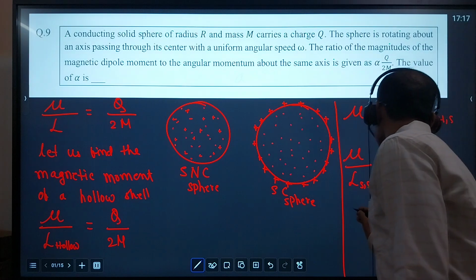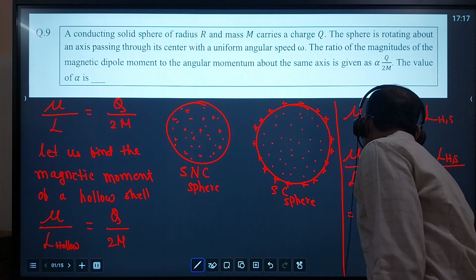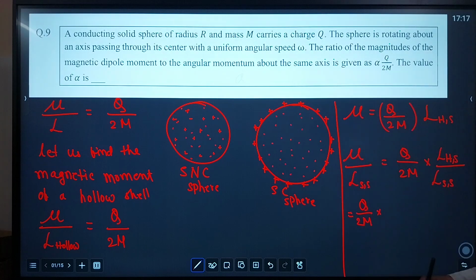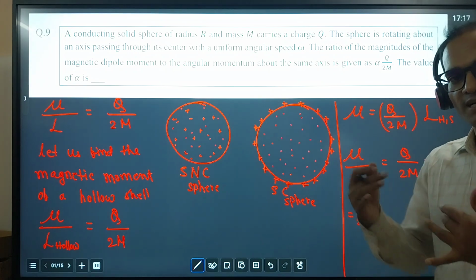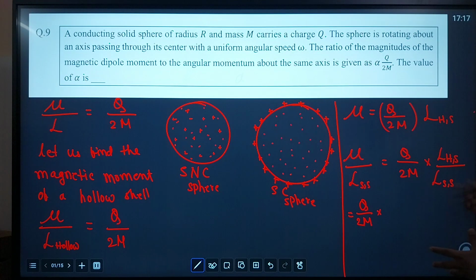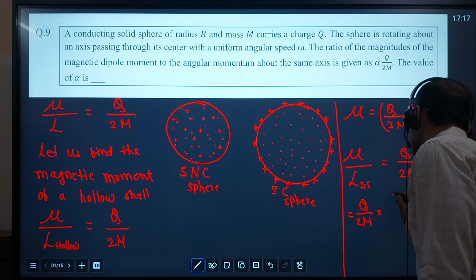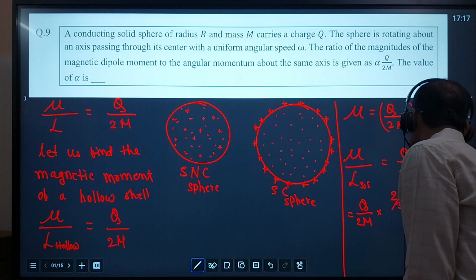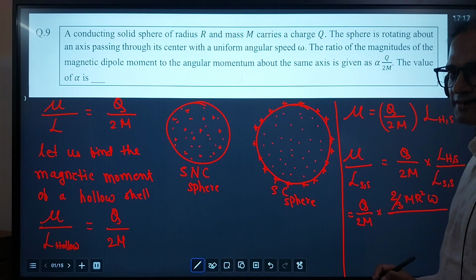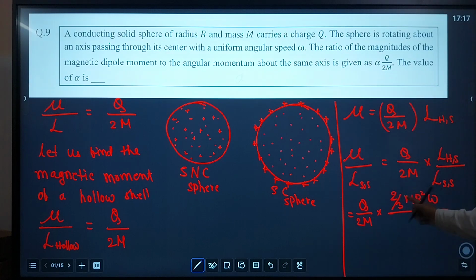So what will happen now? Q by 2m, and the angular momentum of the hollow sphere: masses are the same, radii are the same, the only difference is that one is a hollow shell and the other is a solid sphere. For the hollow sphere it is 2 by 3 m r square into omega. Why 2 by 3? Because it is the moment of inertia.